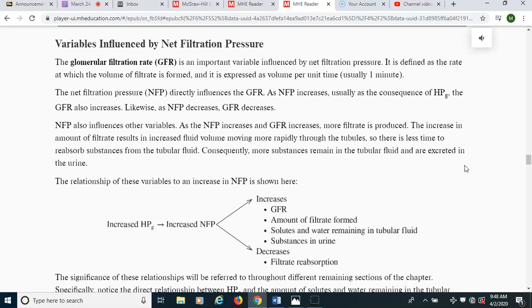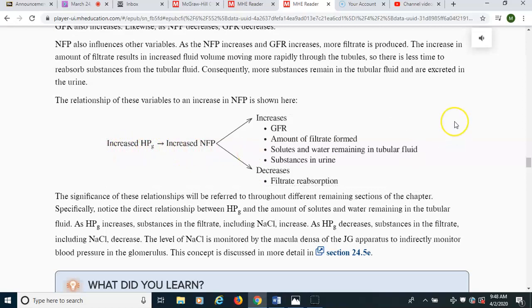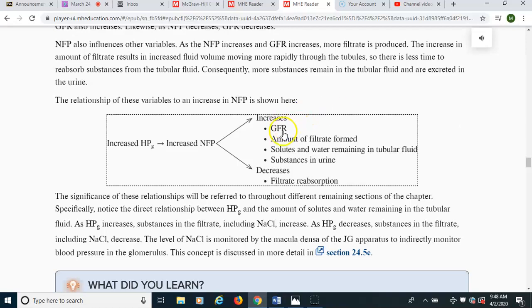So they have a little diagram here that shows what happens if we have an increase in net filtration pressure, which will increase our glomerular filtration rate, which is how they abbreviate it, GFR. So know that that's going to increase the amount of filtrate, the solutes and water in the tubular fluid.